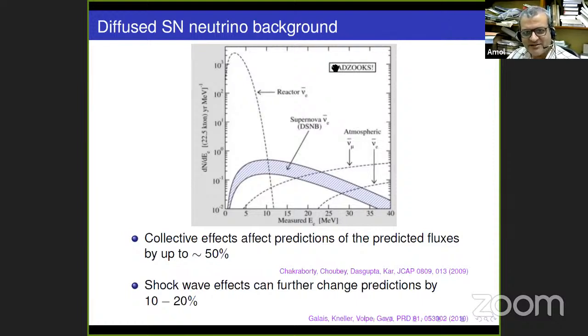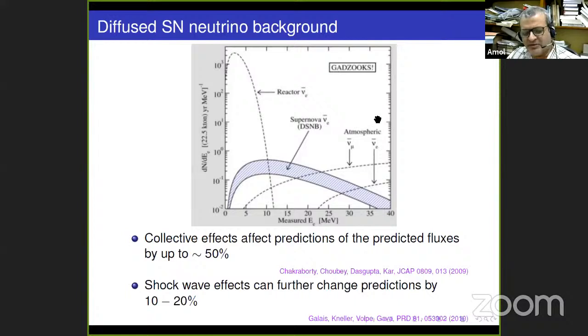This detector, the proponents called it GADZOOKS, and it had a nice full form which I currently do not remember. But this is just to say that apart from individual supernovae, we can see the effect of all supernovae which happened in the universe over the last billions of years, and that's what we expect to see.